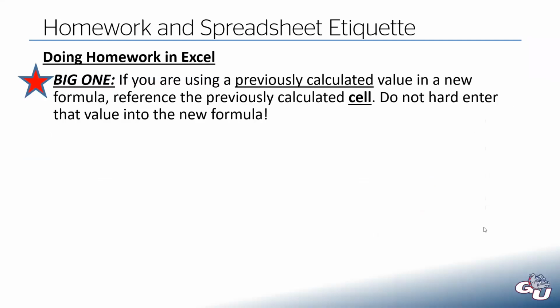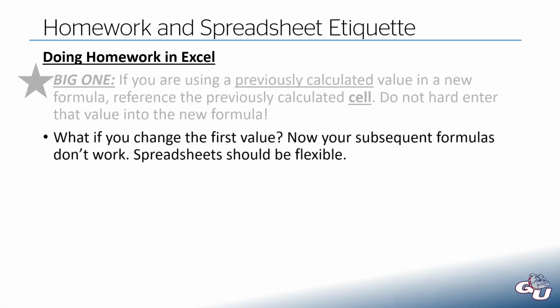Referencing other cells that you've calculated, don't just hard enter in that value. Which I just illustrated. So what if you change the first value? Now all of your formulas are wrong. Versus if you set it up right the first time and you realize you made a mistake, you just change that first value and you're done. And it's this idea that spreadsheets should be flexible.